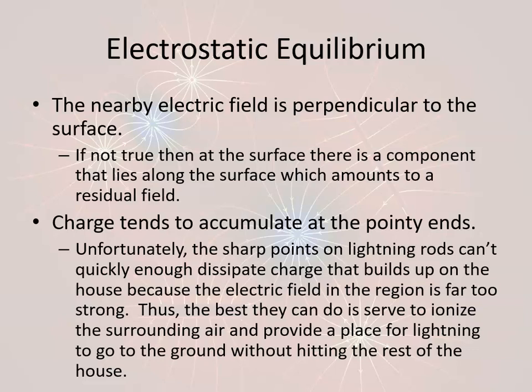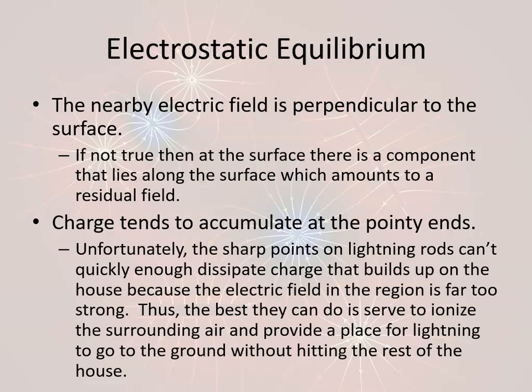Now, a popular misconception is that this is why lightning rods have pointy ends, that these pointy ends allow a very large electric field to occur there, and that will discharge any excess charge that builds up on, say, a house that is attached to a lightning rod. The idea is that this charge would go to the lightning rod, and then it would discharge out the pointy ends, because that would ionize the air, and it would drain out that way.